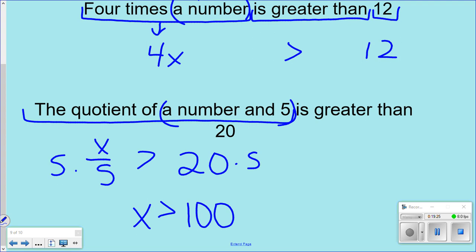Those are kind of fun after a while. 200 would be an x, 300 could be an x, 101 could be the x, 102, 101.1 could be the x, literally anything just above 100. Sure. 100.1 could be it. Anything that's just above 100. Doesn't matter.